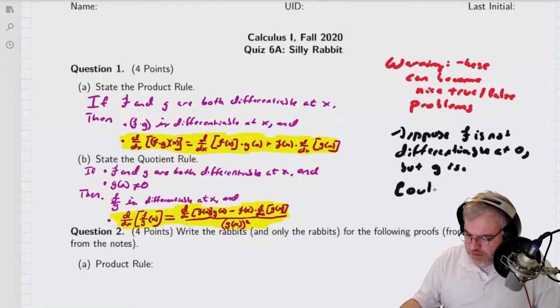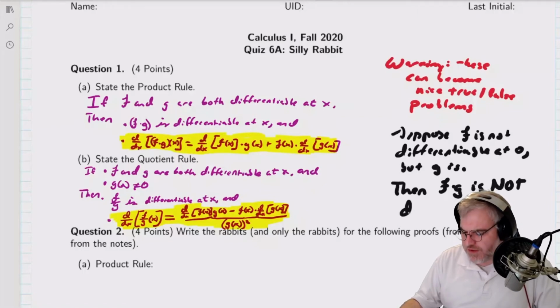Could we then say that f times g is not differentiable at 0?